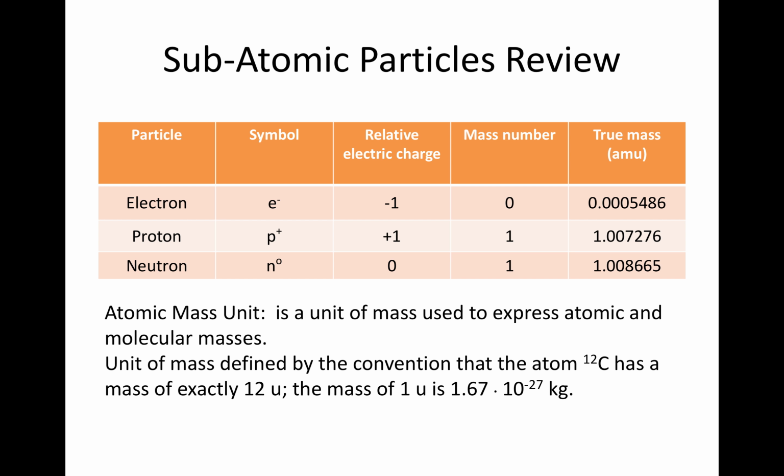Scientists took a carbon-12 atom, determined its mass, divided it evenly by 12, and said, okay, that is what 1 AMU will be. And that value is 1.67 times 10 to the -27th kilograms. So yeah, that's pretty small.